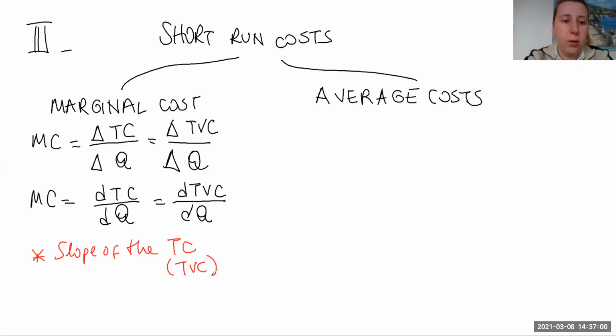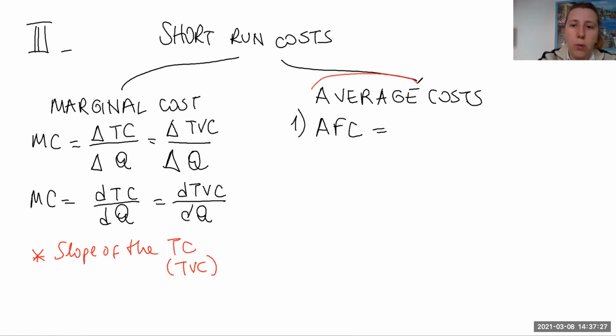So the marginal cost is also the slope of the tangent drawn to the total cost or total variable cost function. When we come to the average cost side, we said there are 3 types of average cost. The first one is the average fixed cost. When you see the word average anywhere in microeconomics, please remember we are talking about unit cost.